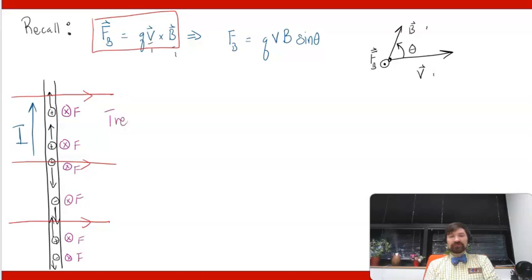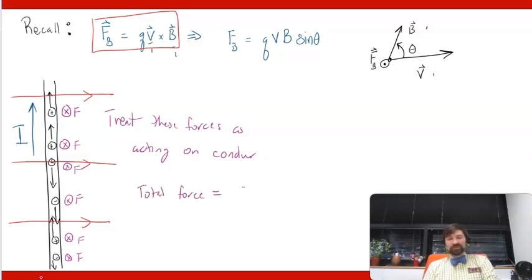So treat these forces as acting on the conductor. And how much total force is there? If each of these is acting on the conductor, the total force is just the sum of all the individual little forces.